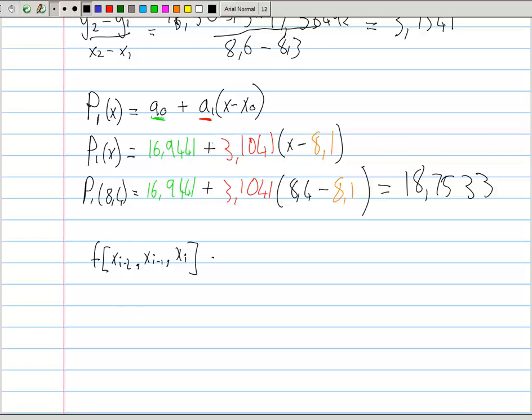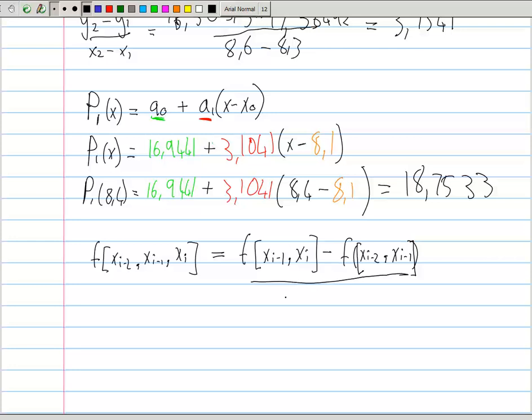So when we have this, we usually have f of xi minus 1, xi minus the lower divided difference, which is f of xi minus 2, xi minus 1. These should be square brackets.